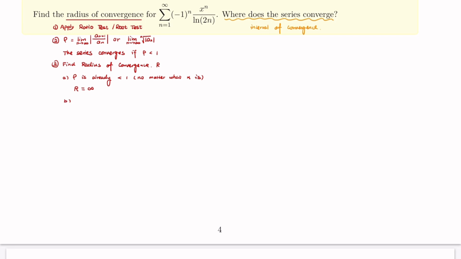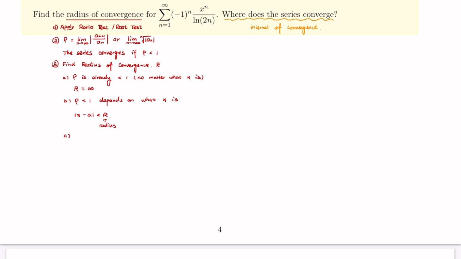The second case, B, is where rho is less than 1 depending on what x is. So you might get something like the absolute value of x minus a is less than R. Then this is your radius.